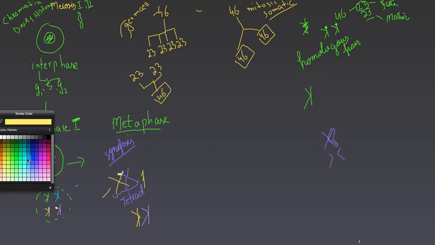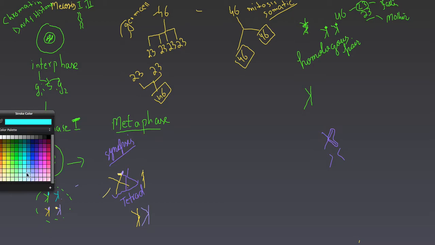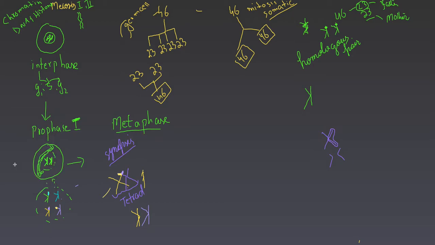And the same goes for these 2 chromosomes right here. They go through the process of synapsis. You might want to view it as them switching their genes around. Now, let me remove this.